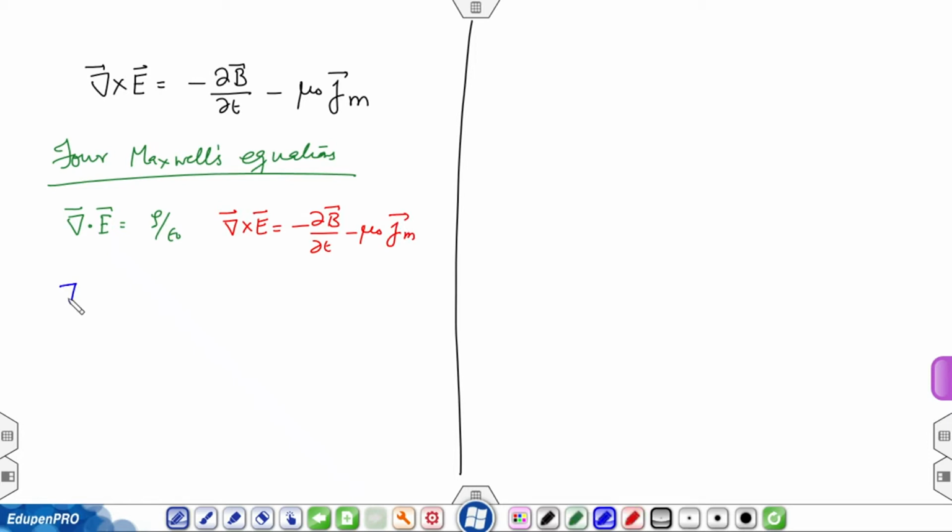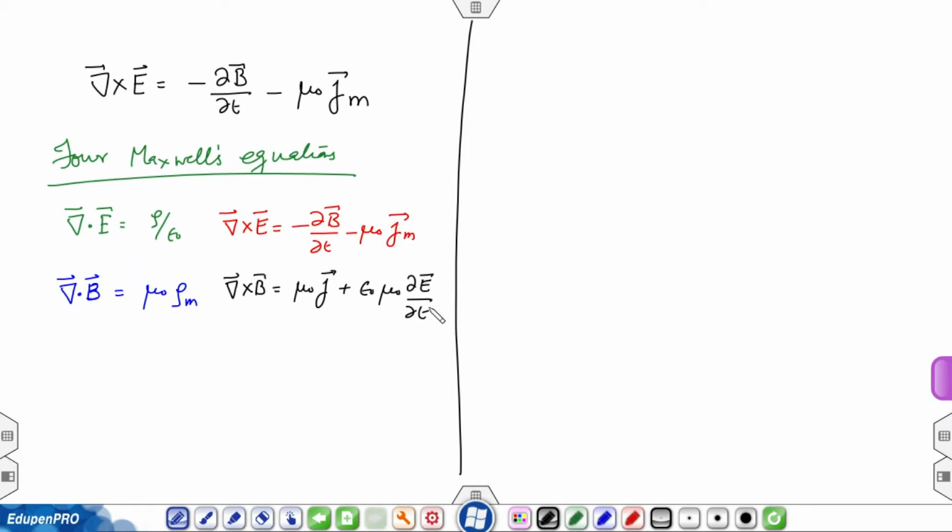Then I have divergence of B is equal to mu 0 rho m, and finally, the fourth equation, which is curl of B is equal to mu 0 j plus epsilon 0 mu 0 dE dt.